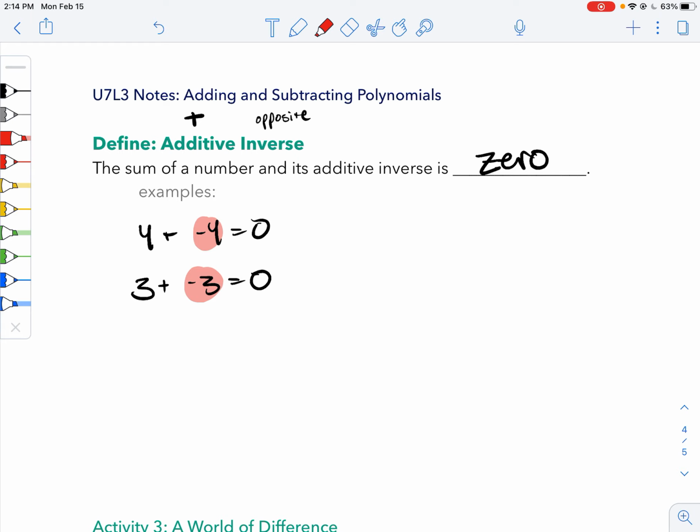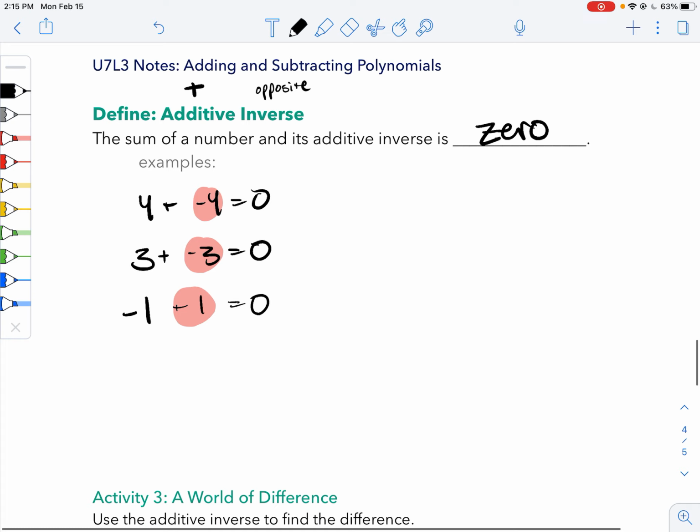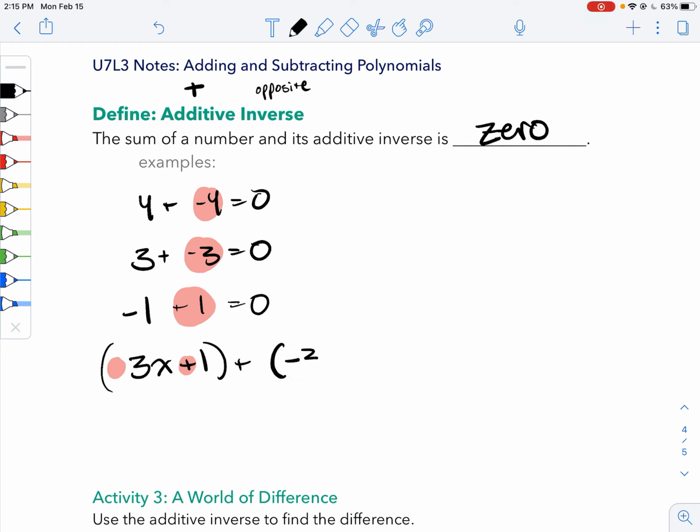Other additive inverses include -1, which plus 1 is 0. Or you could have something like 3x plus 1, but to make that an additive inverse, you've got to change all the signs. So 3x plus 1 plus -3x minus 1 is equal to 0 because the 3x's will cancel out and the 1's will cancel out.